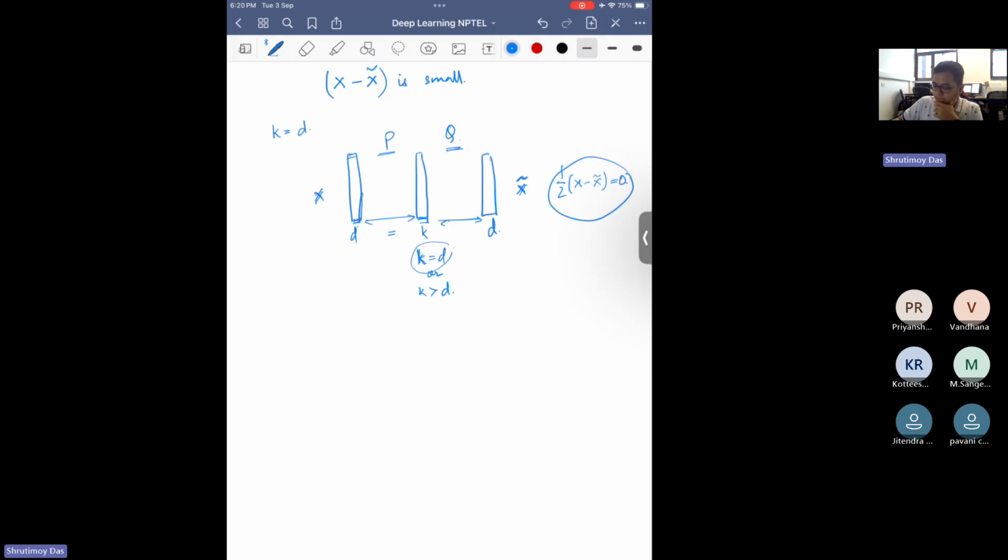Another example: suppose I give you a matrix A and I multiply it by some matrix, say R, and I get back the same matrix A. What is R in this case?